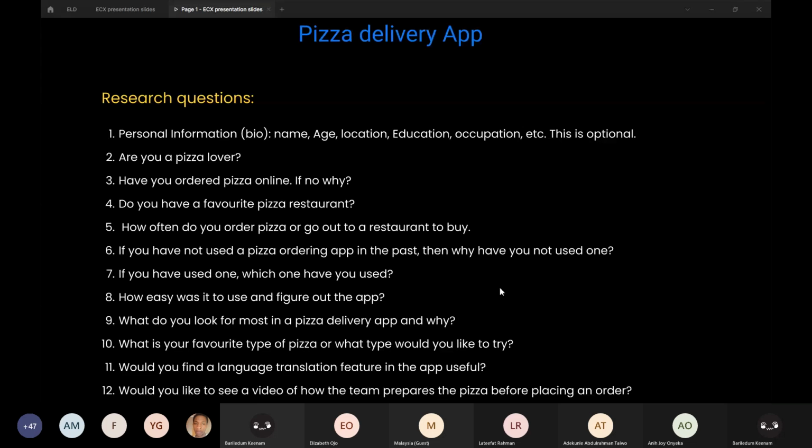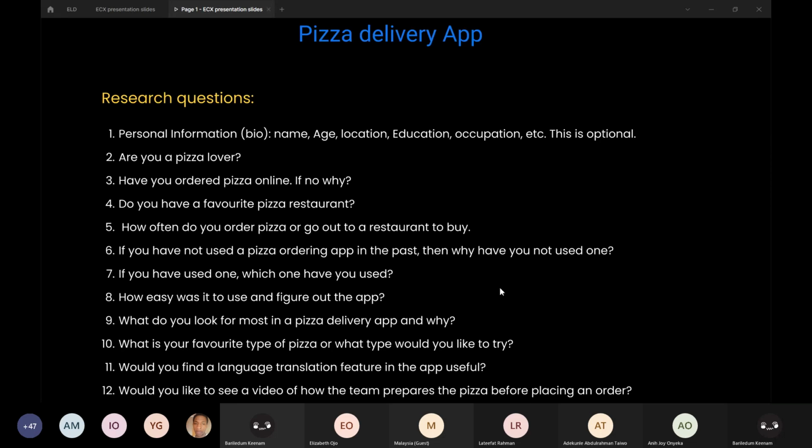So when you are analyzing the responses from the survey, you actually know or quantify the number of people that will actually use your app. Another question is, have you ordered pizza online? If no, why? Some people actually love pizza, but they've never ordered pizza online for different, personal reasons.